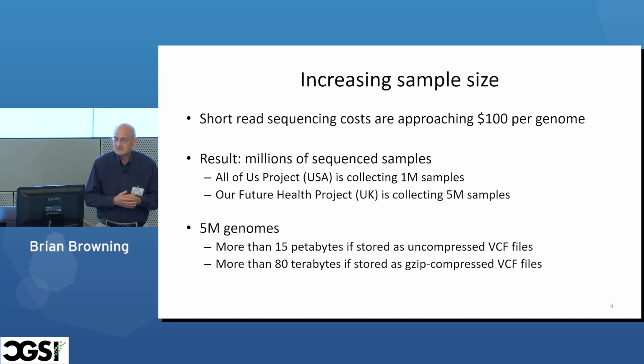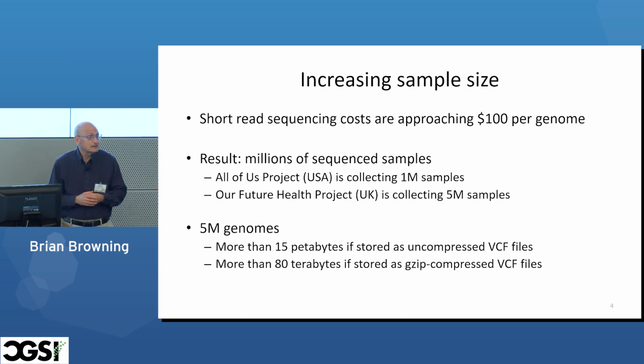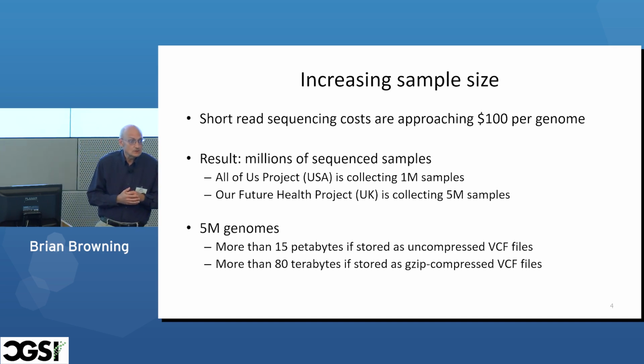For 5 million genomes, my back of the envelope calculation is that if you store it in uncompressed text files in a format called VCF, which I'll explain on the next slide, you're looking at 15 petabytes. So it's mega, giga, tera, peta. It's probably 6 orders of magnitude greater than any data set many of you have dealt with.